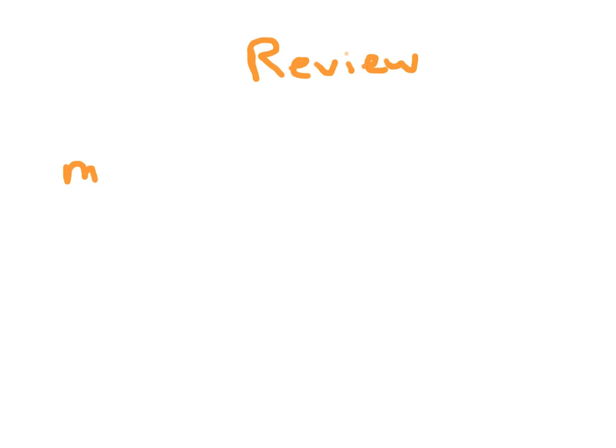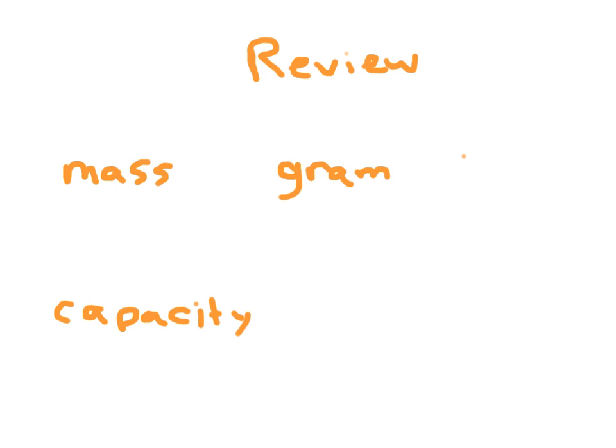Let's go ahead and review. We had mass and we had capacity. And remember, we're talking about the metric system. For mass, we had grams and we had what? Kilograms. What was the relationship between the two? It was that 1,000 grams equals 1 kilogram.